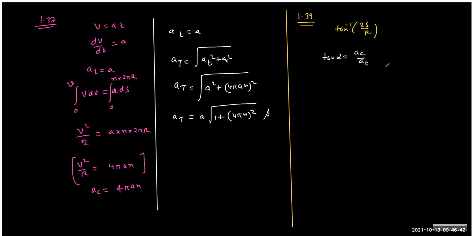Okay. So now we can go to the next concept, which is very important, and that is called radius of curvature. So what we are going to learn next is the radius of curvature.